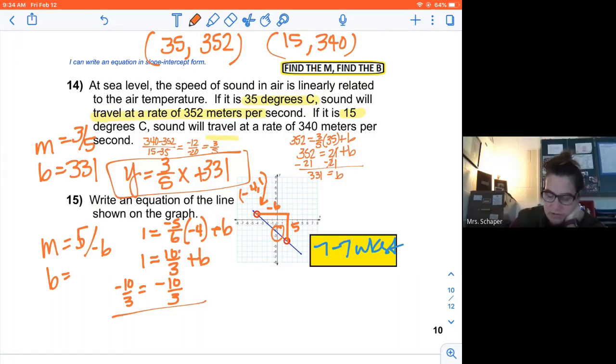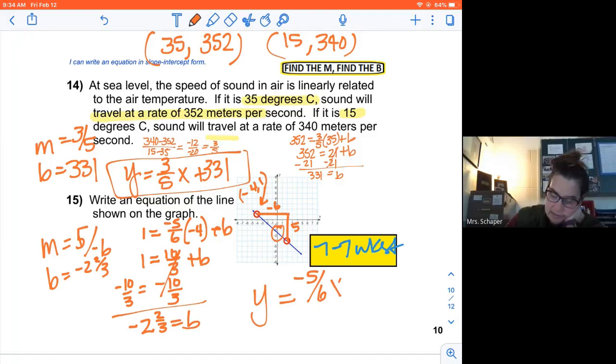So feel free to use your calculator. So 1 minus 3 1/3 is -2 2/3, and that is B. So Y equals -5/6 X minus 2 2/3.